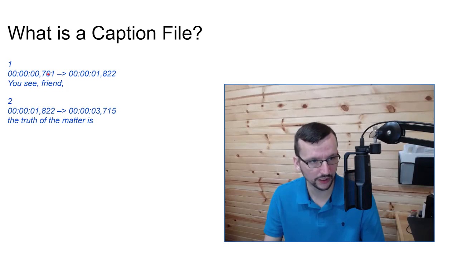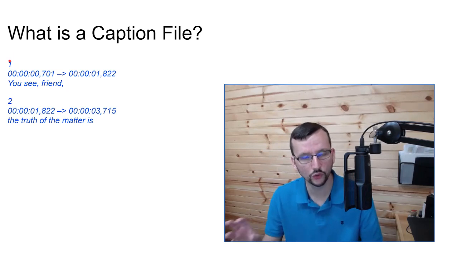So it's going to display for a little over 1 second. It's going to display this text. And then it's going to go to the second line. And the second line is going to start displaying right when the first line ends. And it's going to display until 3 seconds and so on. And it's going to show this text here. So the first thing we have is just a number that indicates the caption's order.